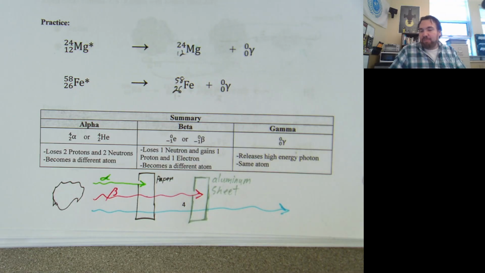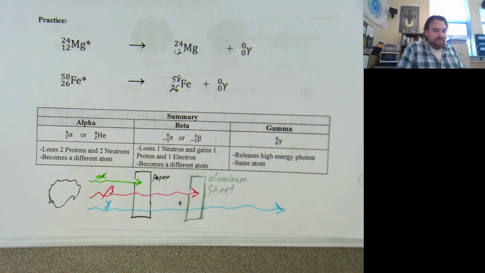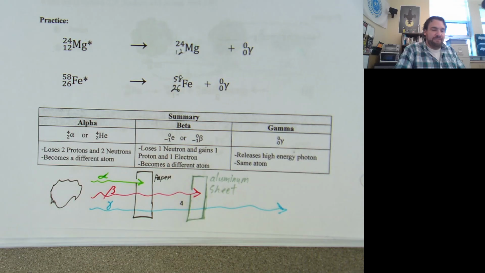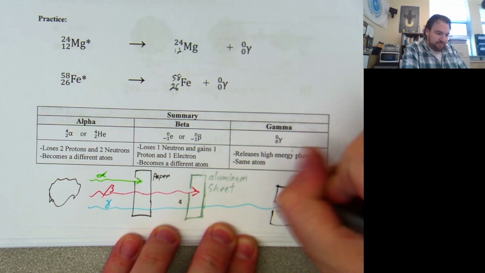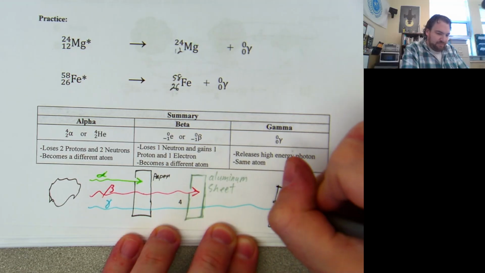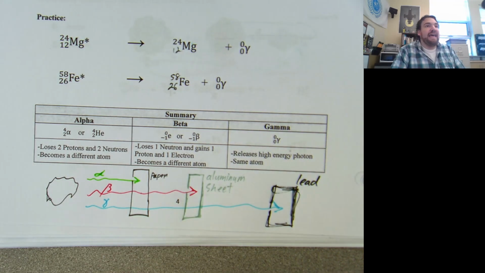Now, if you want to block gamma, you need something a little bit more intense. That's the symbol gamma, the Greek letter. You need lead.